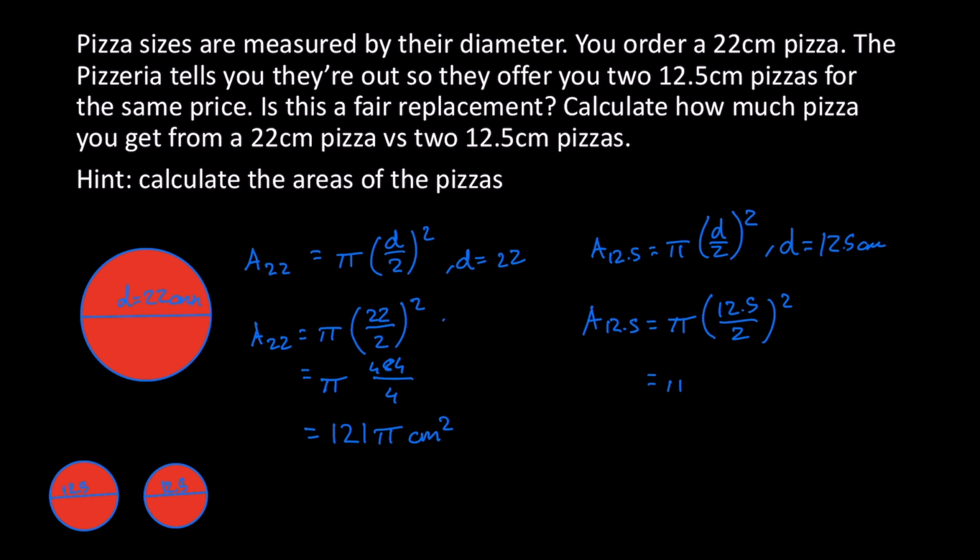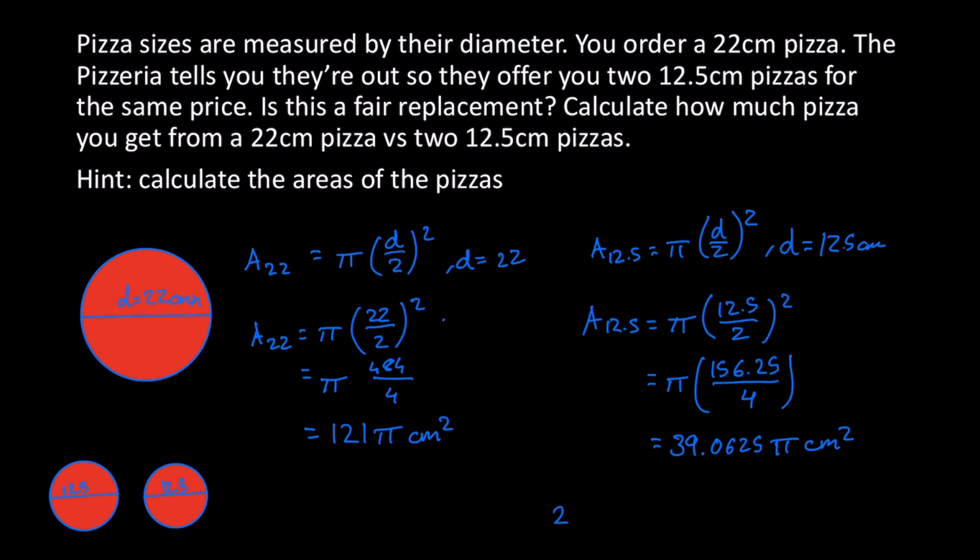This is 156.25 over 4, which is around 39.0625 pi centimeter squared worth of pizza.